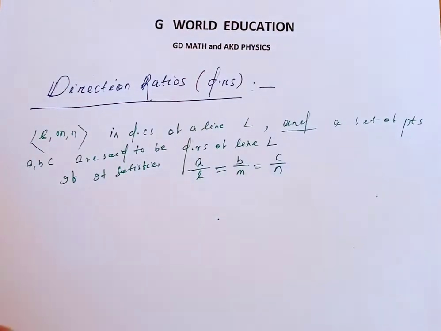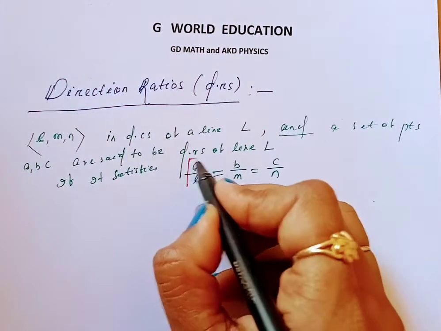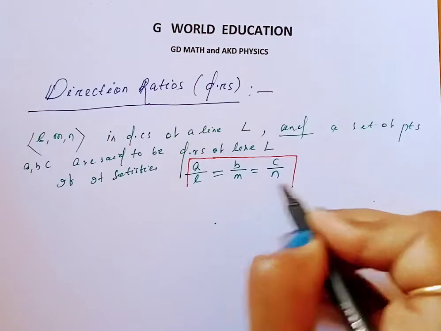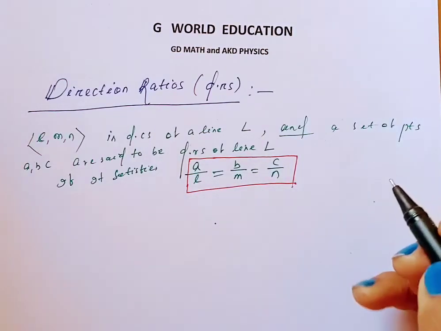If these proportions are satisfied by these real numbers a, b, c, then a, b, c are called the direction ratios of that line L.